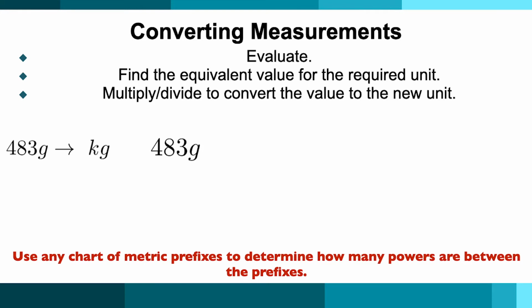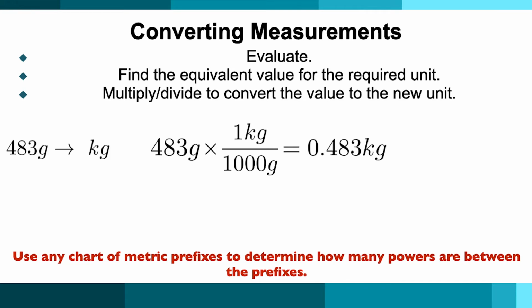And I know that 1 kilogram is 1,000 grams. So I can set up this multiplication of an equivalent fraction. Now when I multiply 483 by 1 over 1,000, I'm dividing, and that gives me the new number of 483 thousandths of a kilogram. So now I know how much 483 grams is in kilograms.